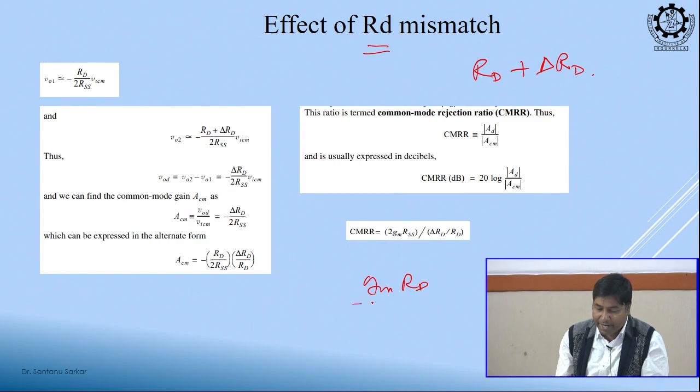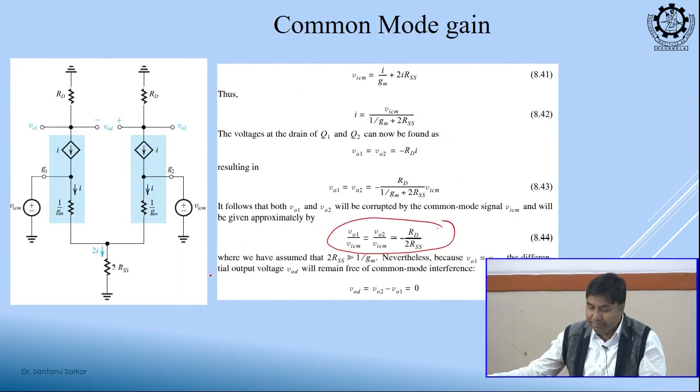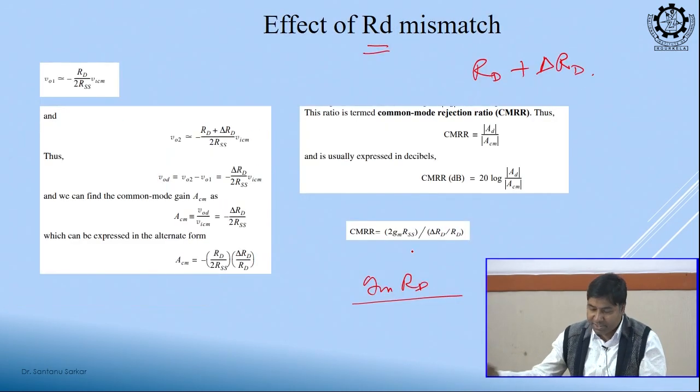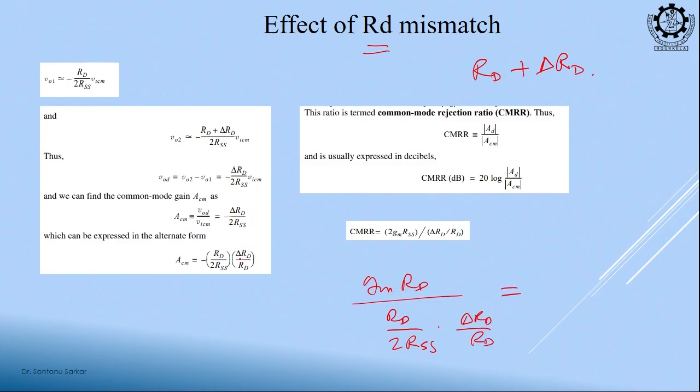We will divide this by RD by twice RSS. So, we will get this ratio, twice GM RSS by delta RD by RD.